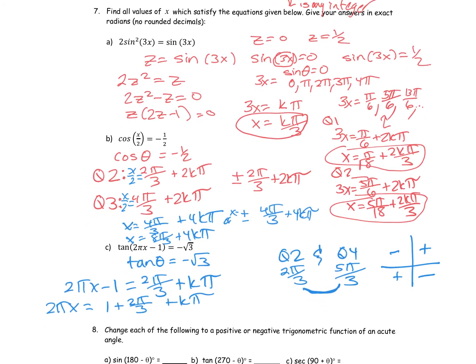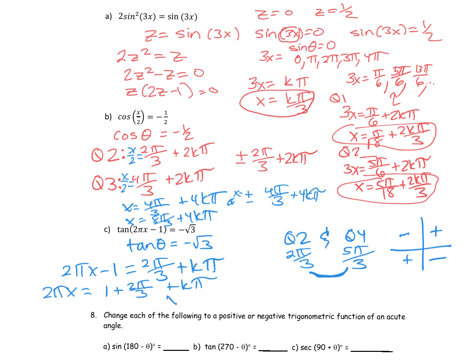So again, not exactly pretty, but x is 1 over 2 pi plus 1/3. That one turned out kind of nice, plus k over 2. So definitely a weird answer, but that would be your answer for x in this case.